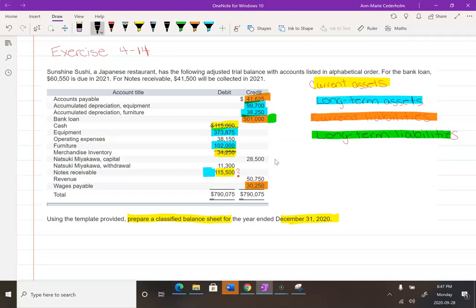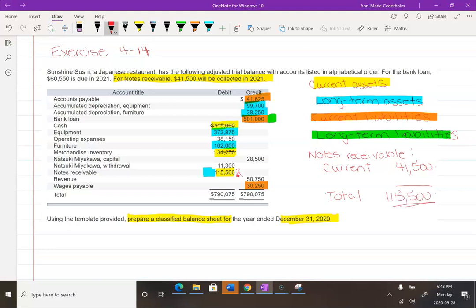And then my notes receivable, remember I said I didn't know which part was current and which one would be long-term? So if you read right up here, it says for notes receivable, $41,500 will be collected in 2021. So that means that's the current portion. So if I just write down here, notes receivable, my current portion is the $41,500 because they told me. And then I know my total is the 115,500.